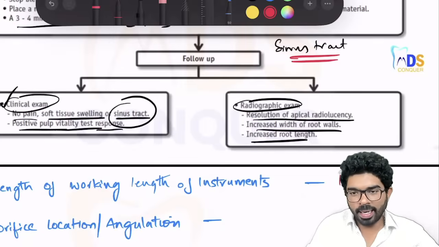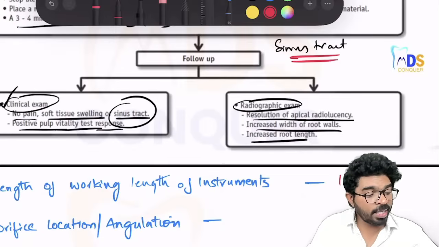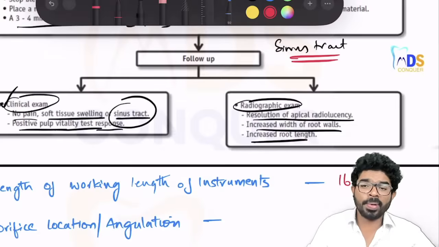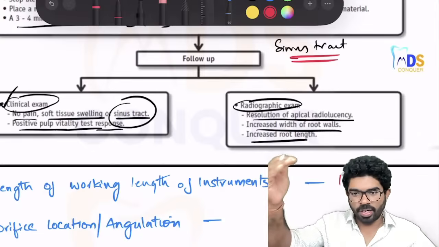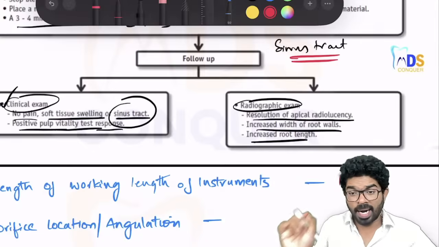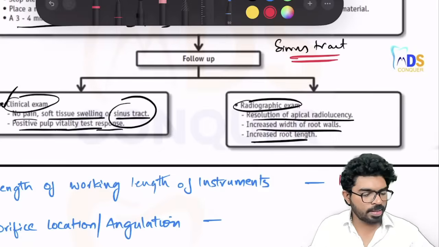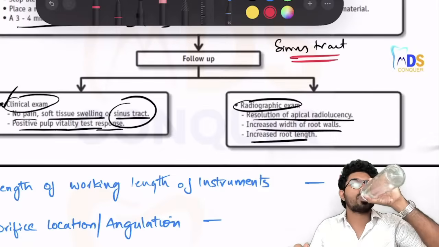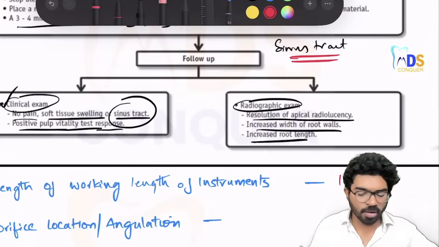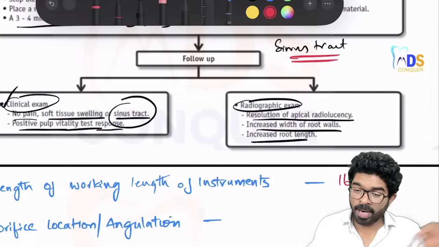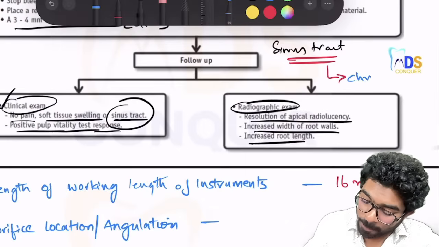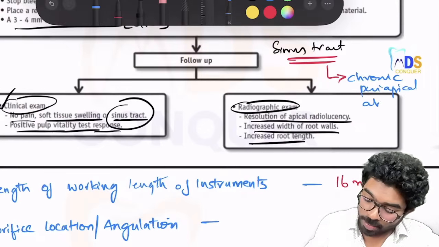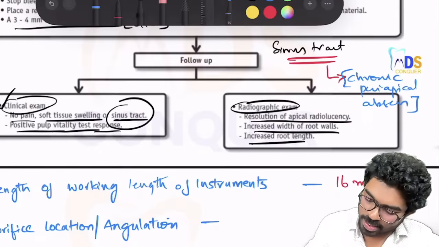For which of the following diagnoses is a sinus tract mandatory, according to the recent classification of the American Association of Endodontists? Yes, a sinus tract is mandatory for the diagnosis of chronic periapical abscess.